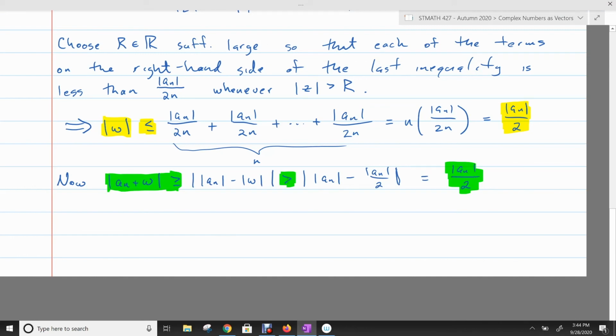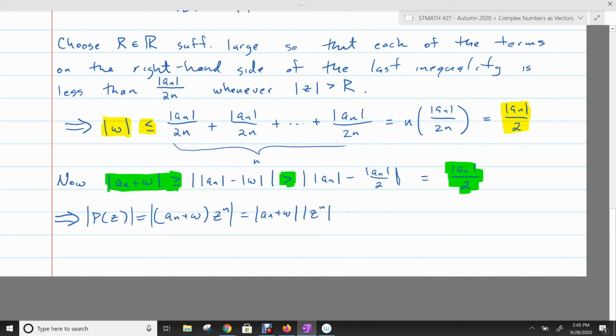So the next little inequality that we built up here is that this expression is greater than or equal to modulus a_n over 2. Now remember what p of z was, the polynomial. P of z, we could write it in the form a_n plus w times z to the n. So we can now take the modulus of that, which is equal to the modulus of a_n plus w times the modulus of z to the n.